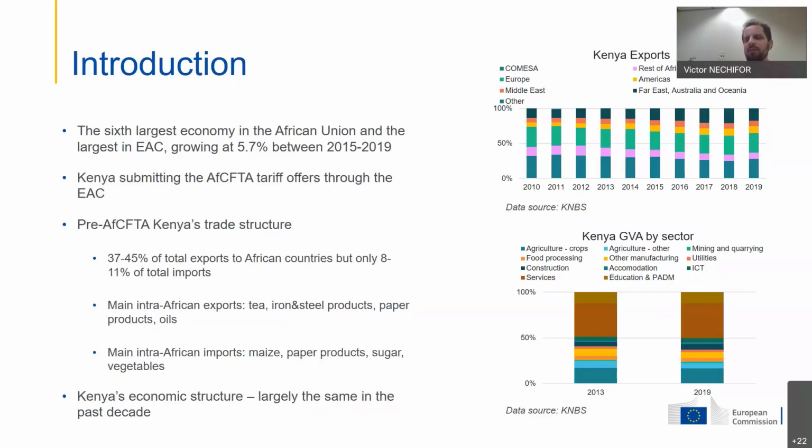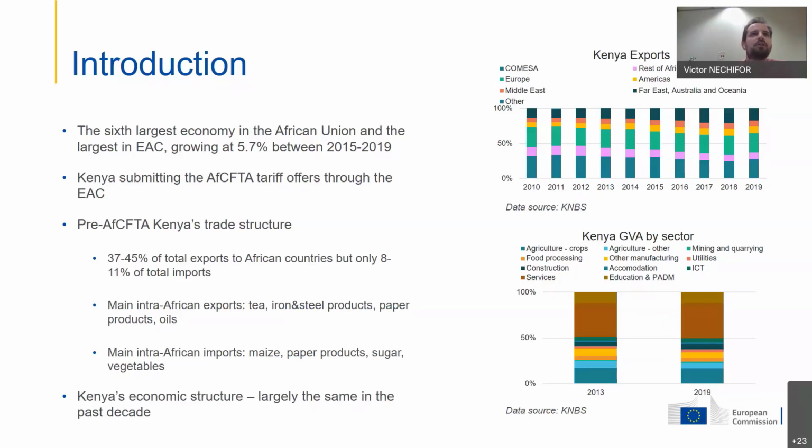Now, in relation to the AfCFTA, I won't do any introduction about what it is and when it will come into force. All I can say is that we still don't know exactly what Kenya's tariff offers are, but these will be submitted together with the other countries in the EAC, the regional economic community Kenya is part of.